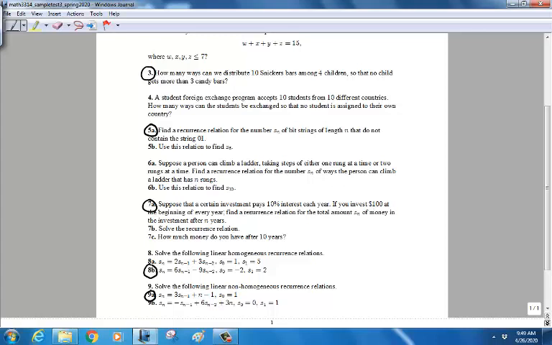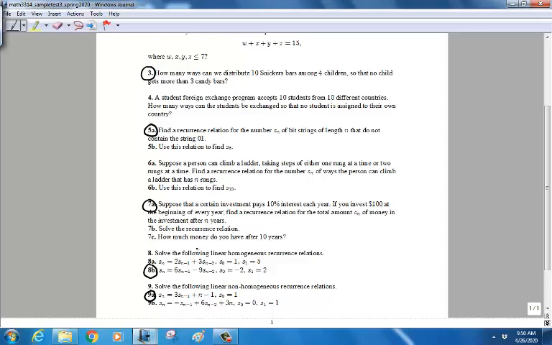Okay, and then we want to find a recurrence relation for the total amount, S sub n. So S sub n is going to be the total amount of money after n years. All right. So it's a little bit tricky to define S sub n, or to decide here when you actually want to calculate S sub n.